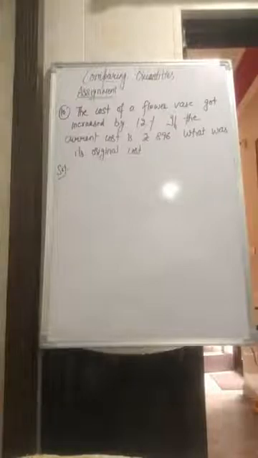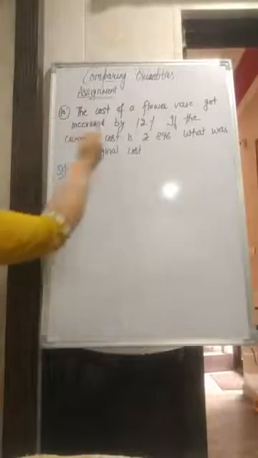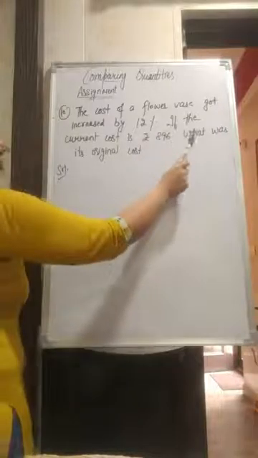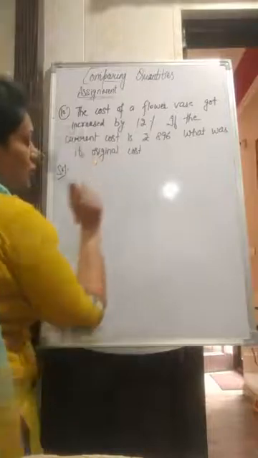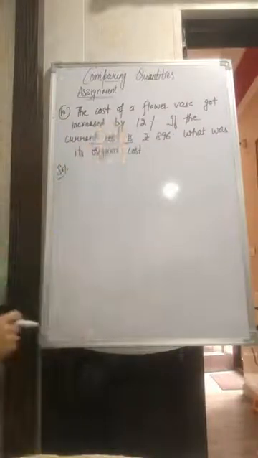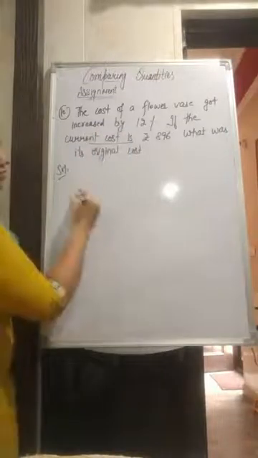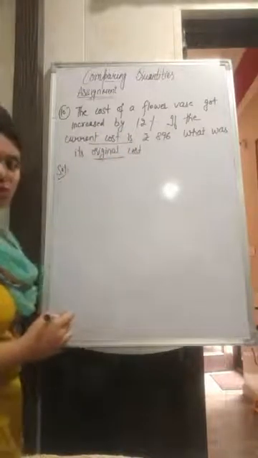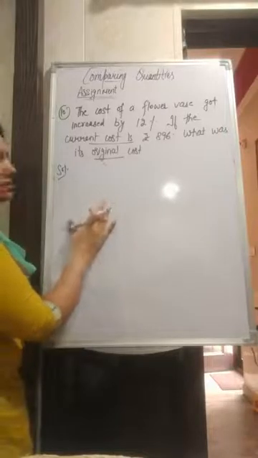So now question number 10 of the assignment. The cost of a flower vase was increased by 12%. If the current cost is rupees 896, what was its original cost? Now there is a flower vase whose cost increased by 12%. The current cost is 896, and we have to find the original cost.